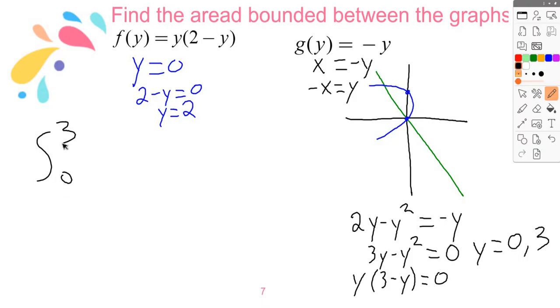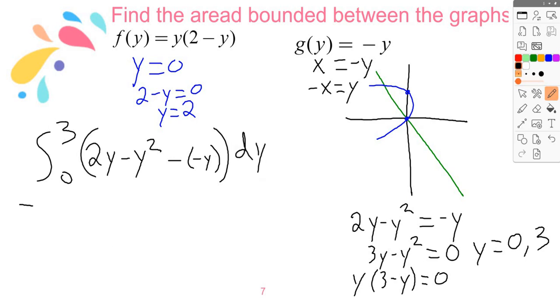The biggest difference, again, remember, instead of top minus bottom, we're doing what? Right minus left. So again, I'm going to have that 2y minus y squared, again, minus a negative y. So this becomes 3y minus y squared.